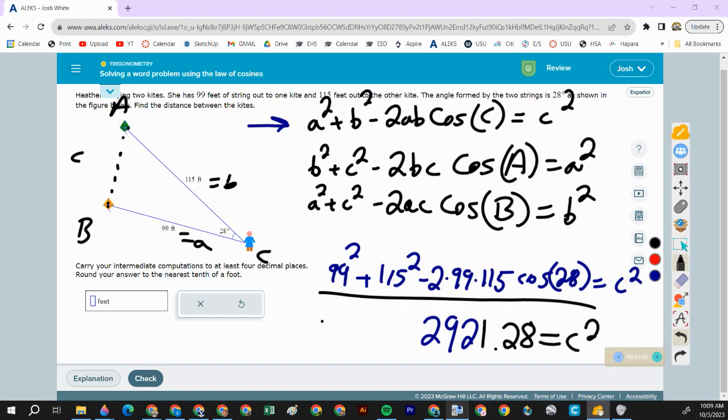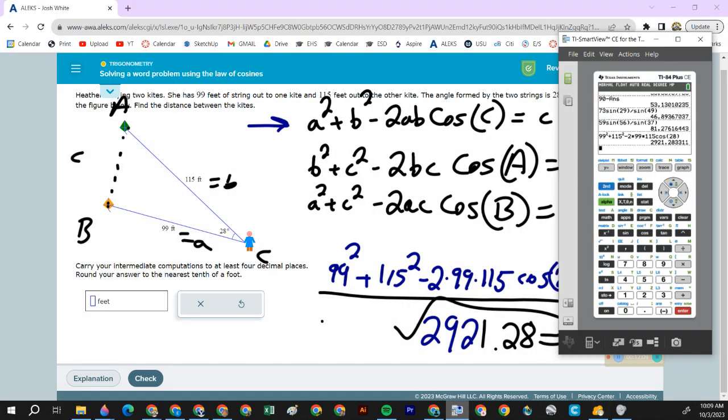And that's equal to c squared. So we just square root it. If you're lazy like me, I just put exponent 0.5. So the kites are 54 feet apart. Super easy, right?